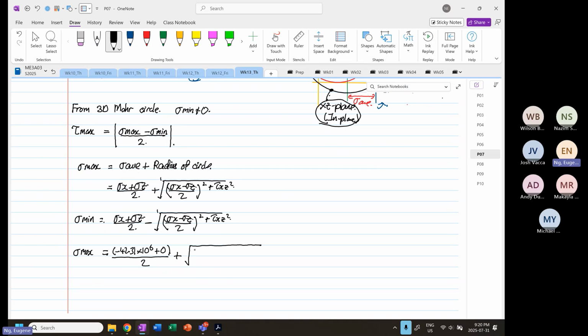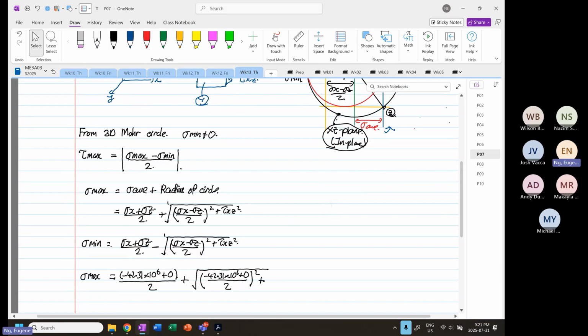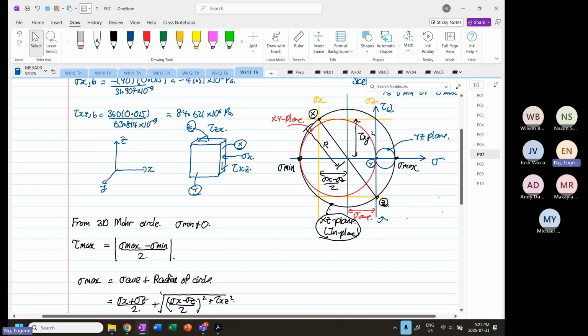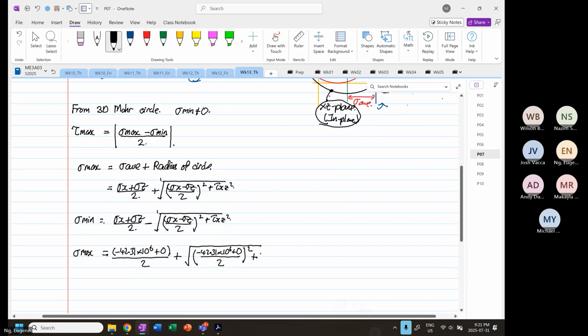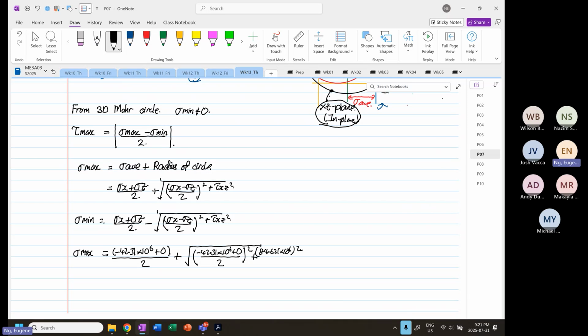So you have minus 42.31 times 10 to the power 6 plus 0, squared, and then divided by 2, and then plus the shear, the shear is 84.621, and the whole thing squared.